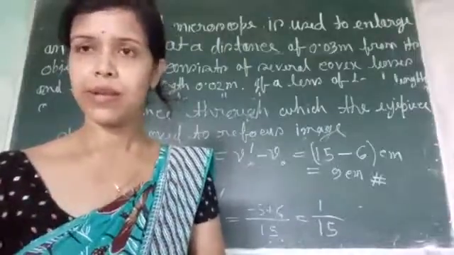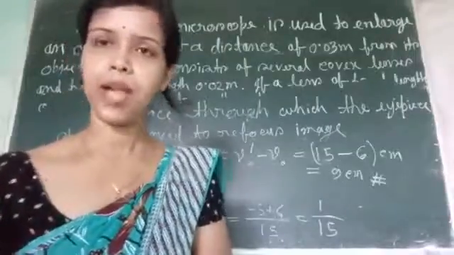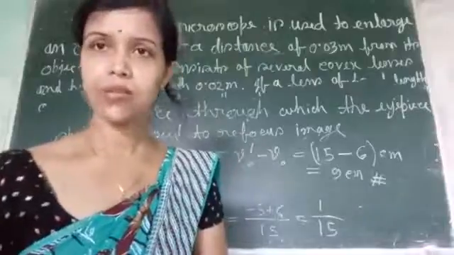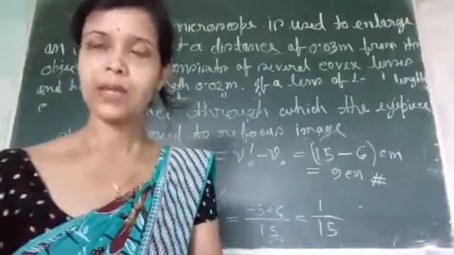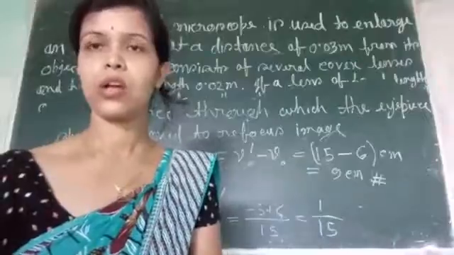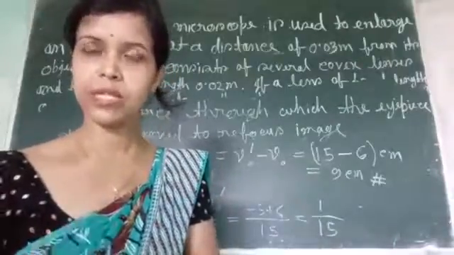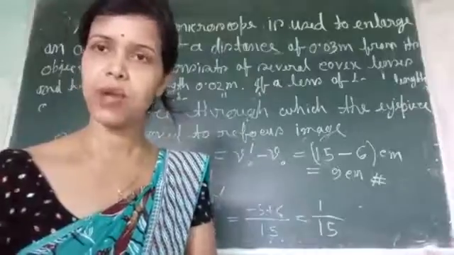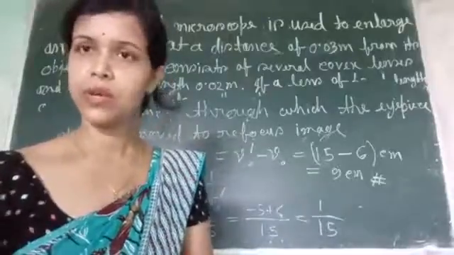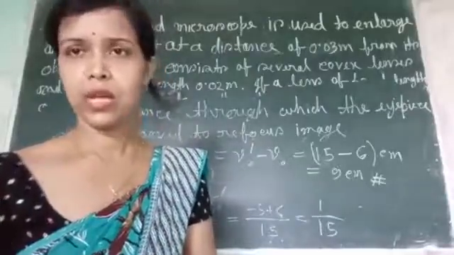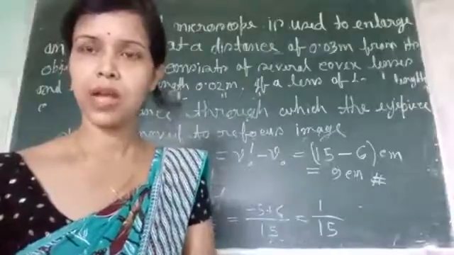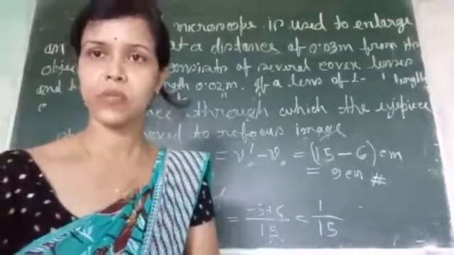After finding F naught dash, we applied the lens equation again, and we got the new image distance, V naught dash, and after finding V naught dash we can easily find out how much distance the eyepiece should be moved.